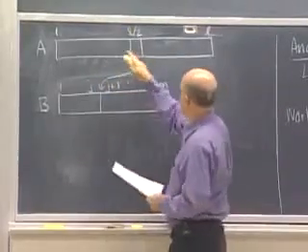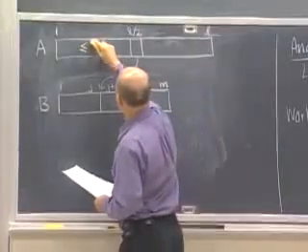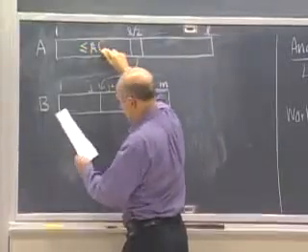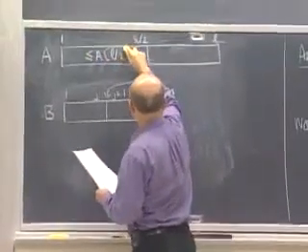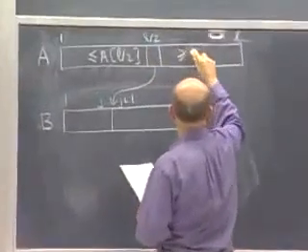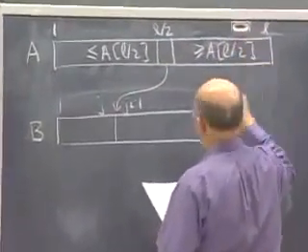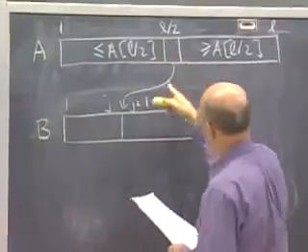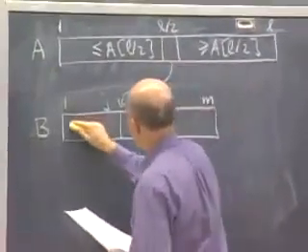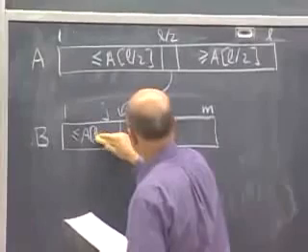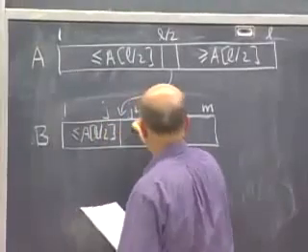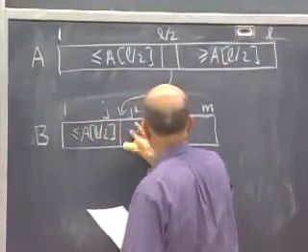Since A is sorted, all these things are less than or equal to A of L over 2, and all these are greater than or equal to A of L over 2. And similarly, since that element falls here, all these in B are less than or equal to A of L over 2, and all these are greater than or equal to it.